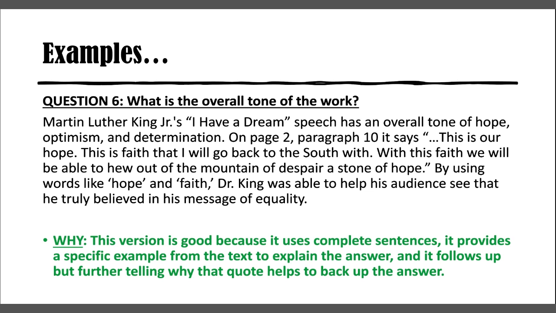Well, instead of stopping right there, they actually go into the text and pull a piece of the text to show where they see hope, optimism, and determination. And then they follow up at the end by explaining why that backs up their answer. So they go right after and they say, hope and faith helped to show that he truly believed in it.